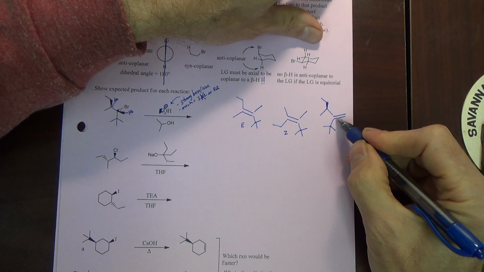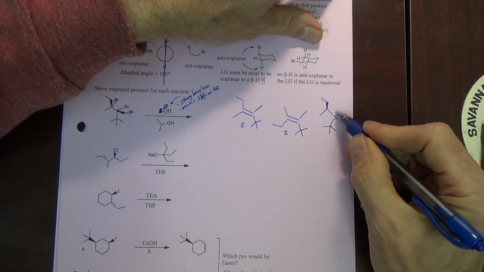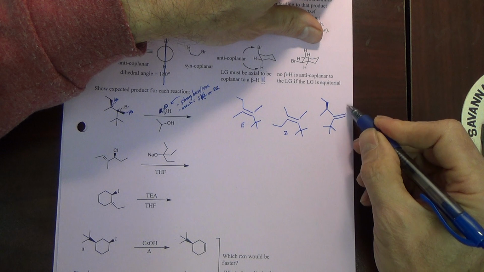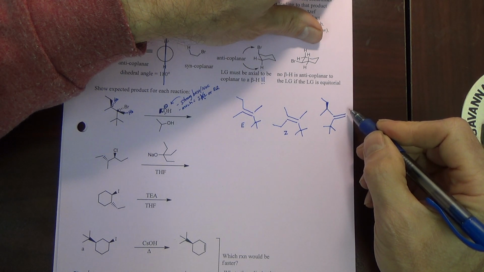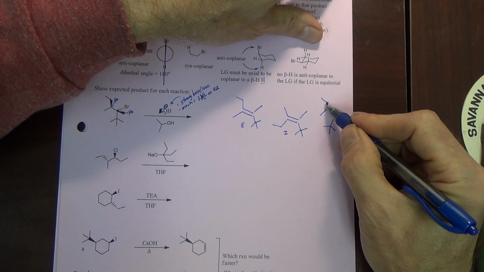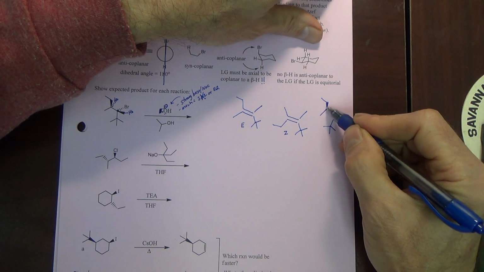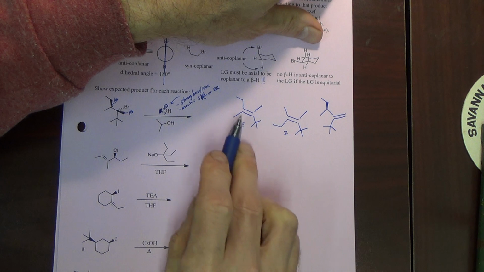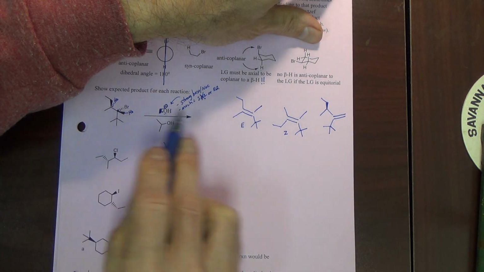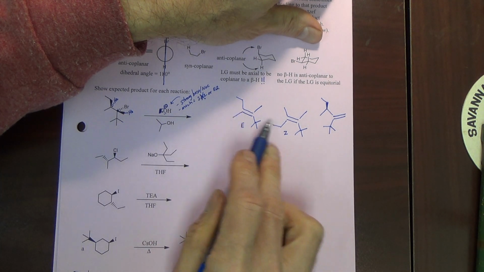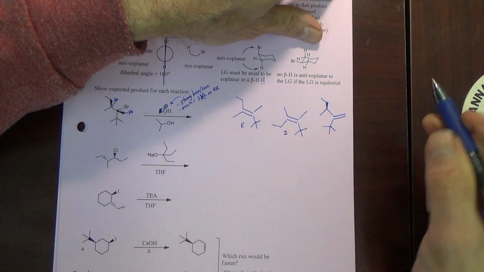Because if the chemistry takes place between the alpha carbon with the bromine and this beta carbon, no chemistry changes here. That's still a tetrahedral chiral carbon. Over here, the tetrahedral chiral carbon became double bonded, and so it's now planar, and there's no chirality any longer.